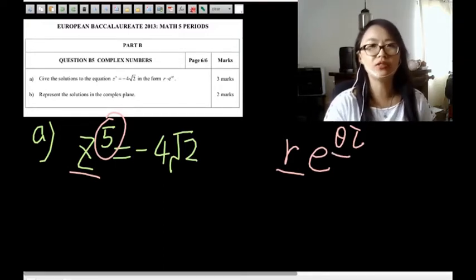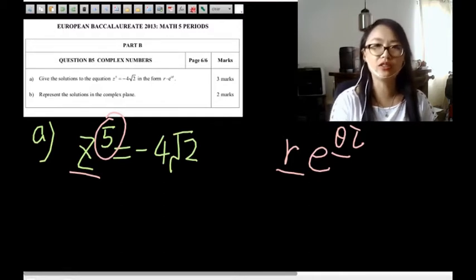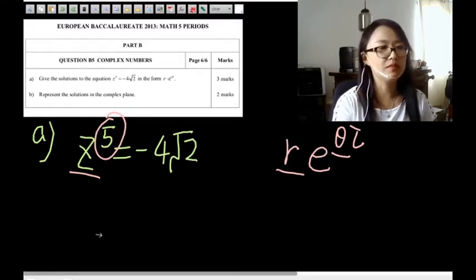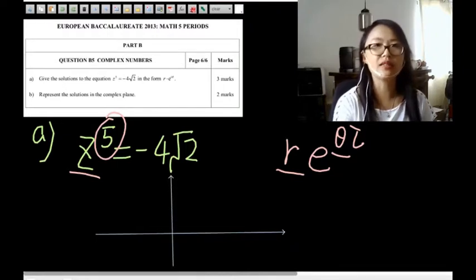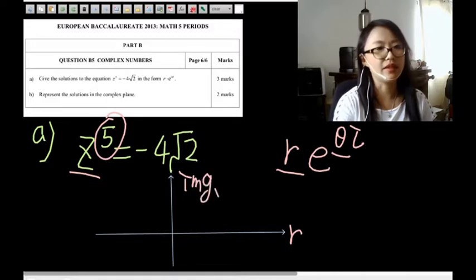What we are going to do now is plot the result on an Argand diagram. The x-axis will be the real axis, and the y-axis is the imaginary axis.